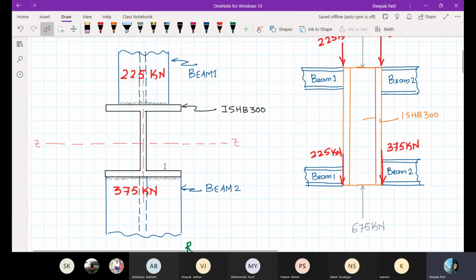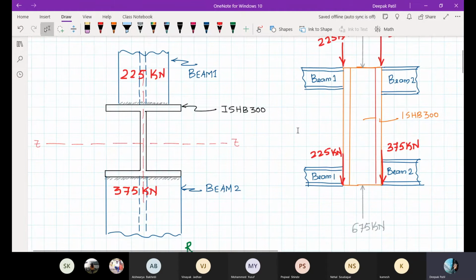These two beams are welded to the column. This beam is transferring an end reaction of 375 kilonewton, and this beam is transferring an end reaction of 225 kilonewton. The reaction of each beam is getting transferred to this column. Apart from that, the column is also subjected to an axial compressive load of 675 kilonewton.